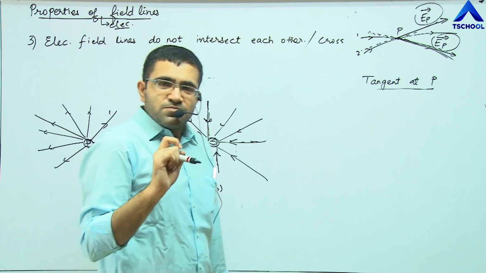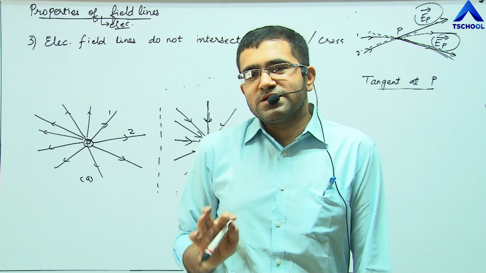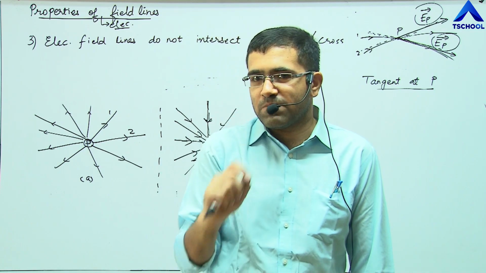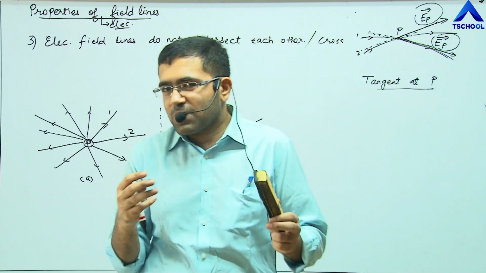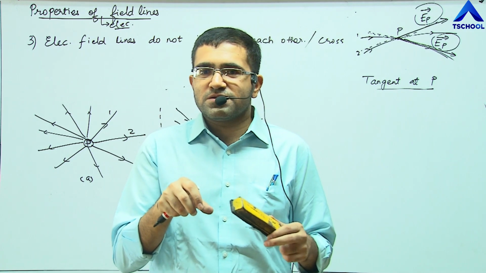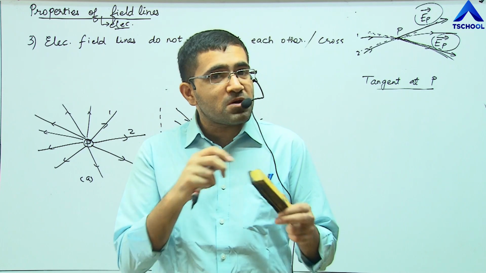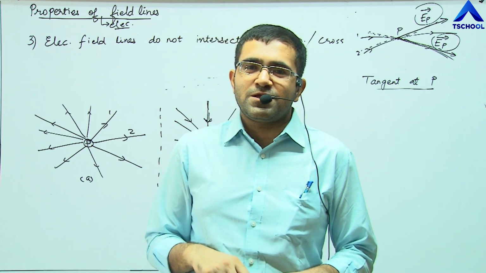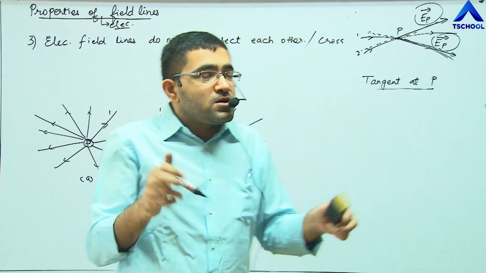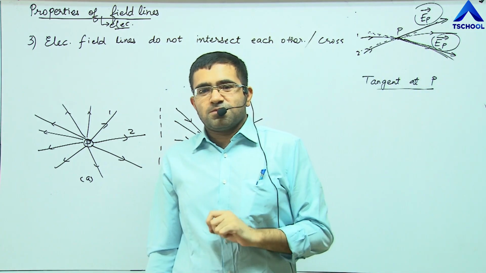So the problem is, one vector cannot be in two directions at the same place, at the same moment, right? It's like, suppose there's a vehicle moving, then its velocity at a particular point, at a particular time cannot be in two different directions. It's either this way or that way. It can't be both, right? So the same problem over here. Think about wind direction.